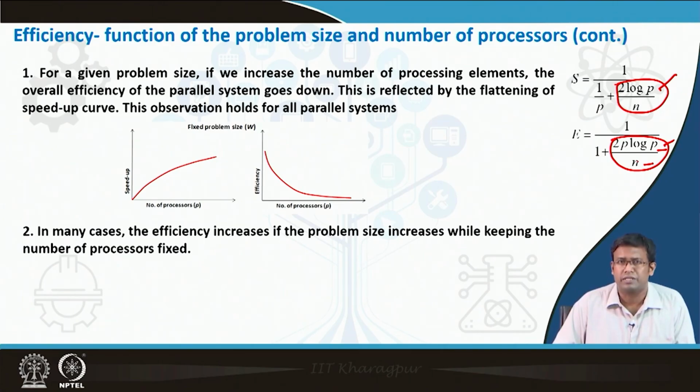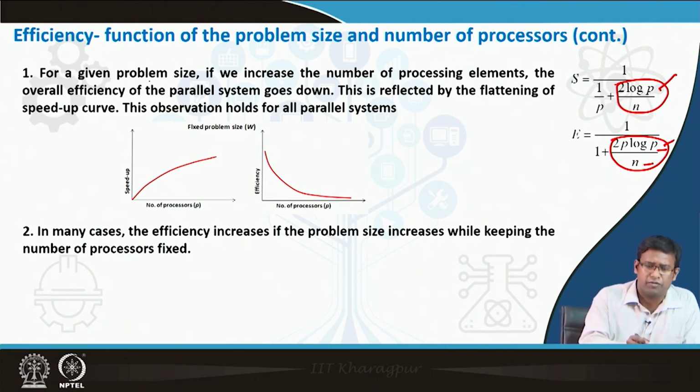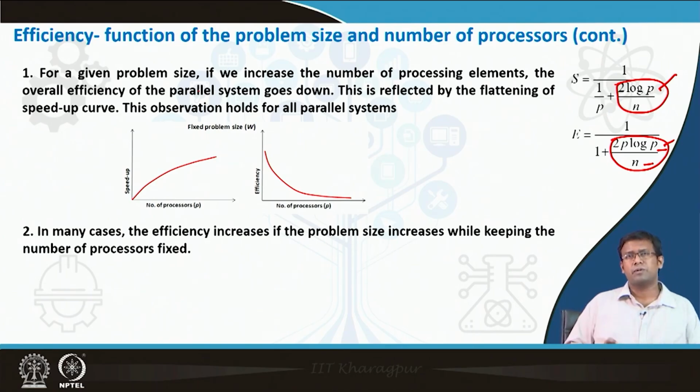So efficiency in general, there can be cases where the converse is true, but for the first part, that if you increase the number of processors, efficiency will reduce, this is universally true. But if you increase the problem size, in general, or for most of the cases, the efficiency will increase.